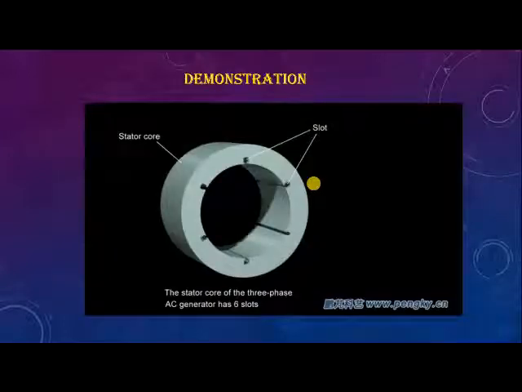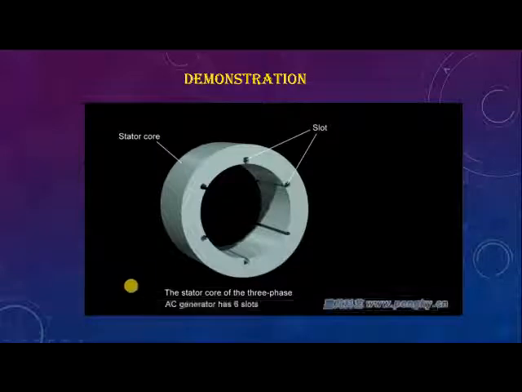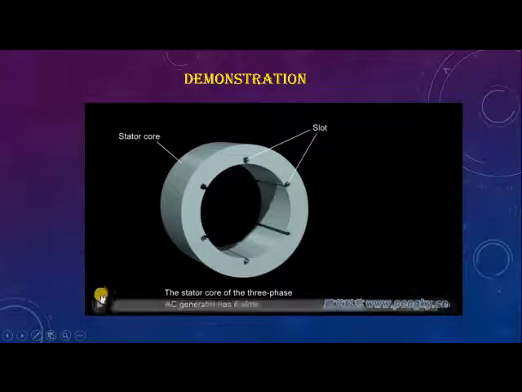So we will see a small demonstration here. Here the stator core has slots, and in the slots we are going to keep three single turn coils, and the single turn coils are going to be connected in star.